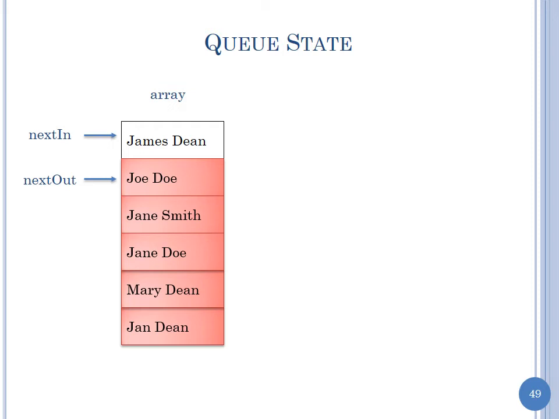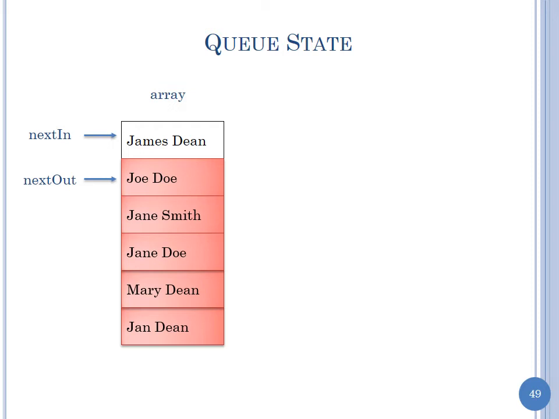We do have an empty slot here, right? We can write at James Dean. That is the next in position. That position is free for us to write. That is why next in points there. The queue is not full right now. There is an empty slot left.